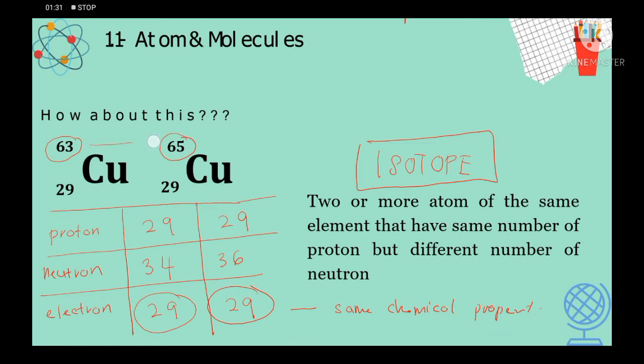So they are going to have different physical properties. These are the similarities and differences between two isotopes: the same chemical properties because of the same number of electron, but different physical properties because they have a different number of nucleon, or a different number of neutron. What do we mean by different physical properties? Maybe they are going to have a different boiling point or melting point, something like that.